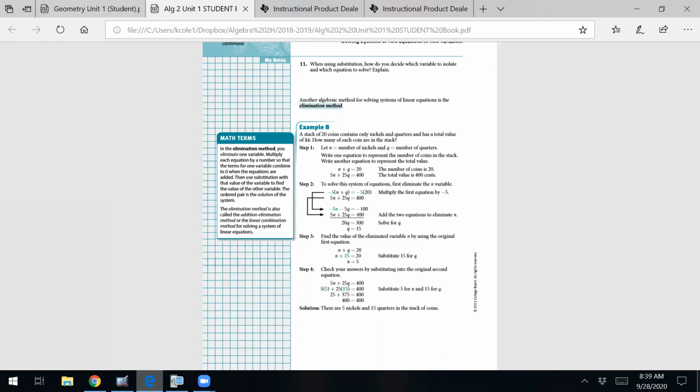Let me get my correct book. Okay, so what page are we on, y'all? Page 34, is that correct? Yep, 34. Okay, so with graphing, you remember that what we're looking for is the point of intersection, okay?